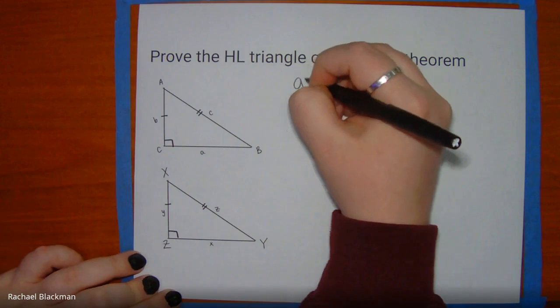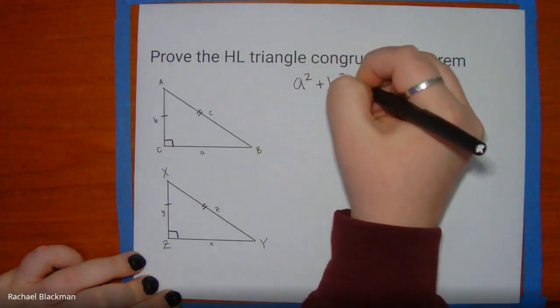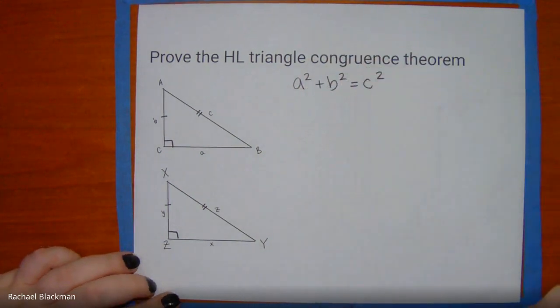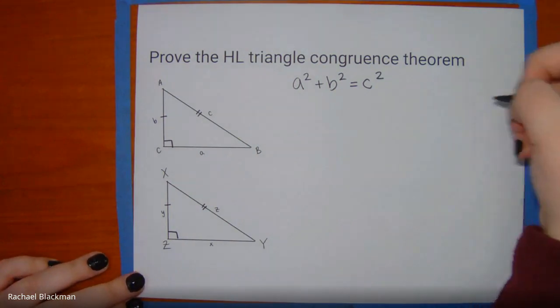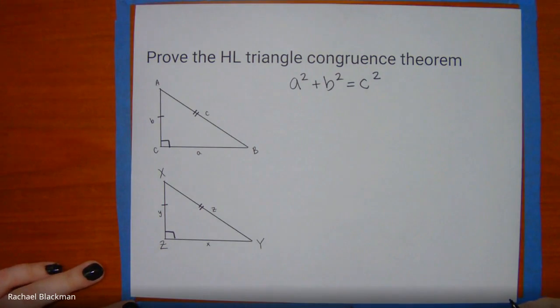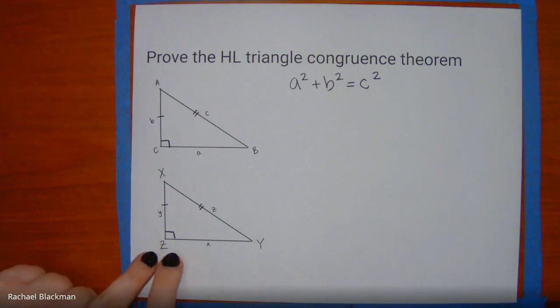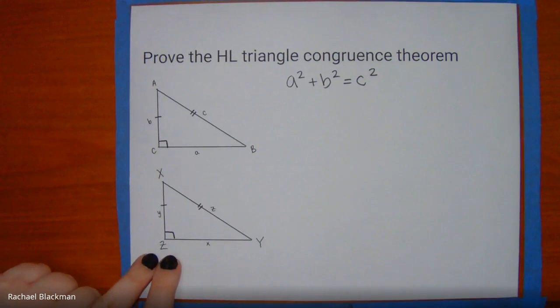If I was doing statements and reasoning, I'd say this was just by the Pythagorean theorem because it's a right triangle. Now, if I had to use the Pythagorean theorem with this triangle, what kind of equation would you write?